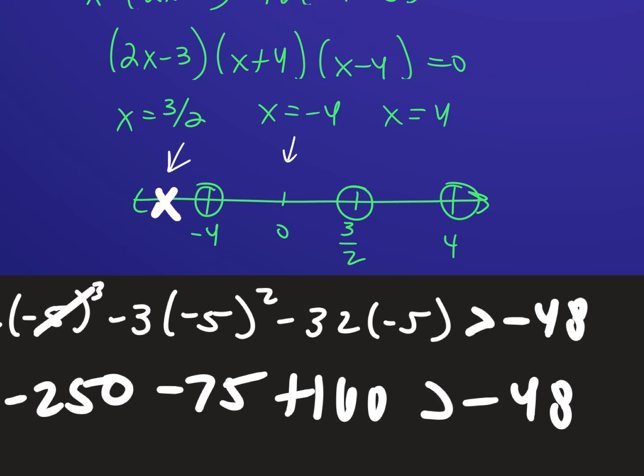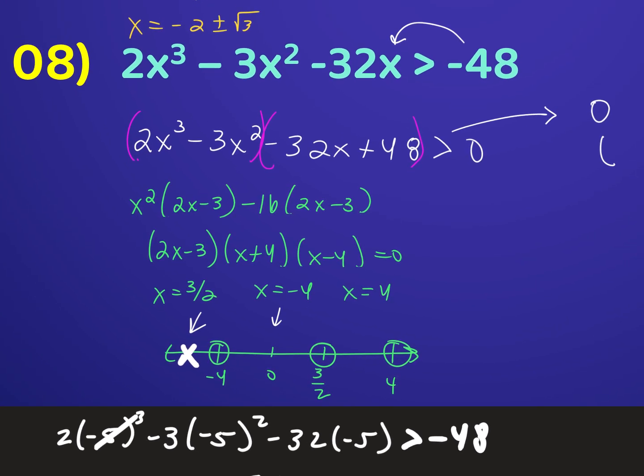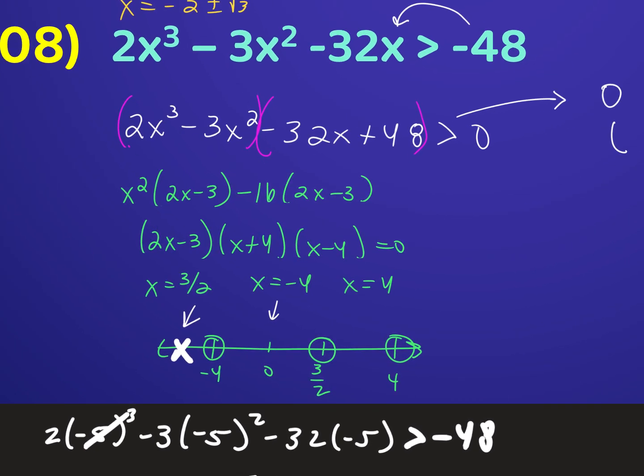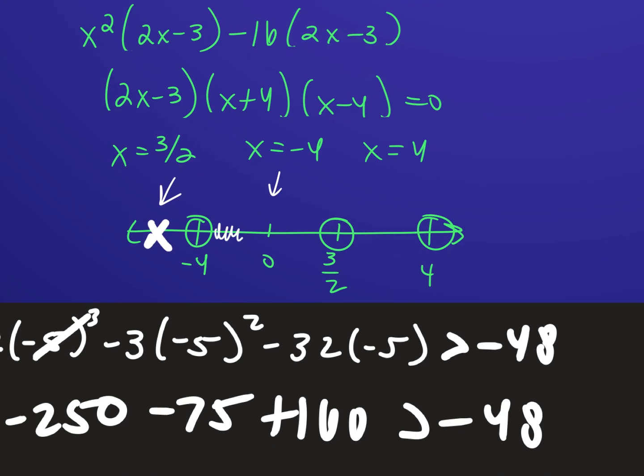What's the easiest number to throw in here? 0. If I plug in 0, I have 0 is greater than negative 48. True? Okay, then I shade in here. Check this section. Something between 3 halves and 4. 1, 2, 3.